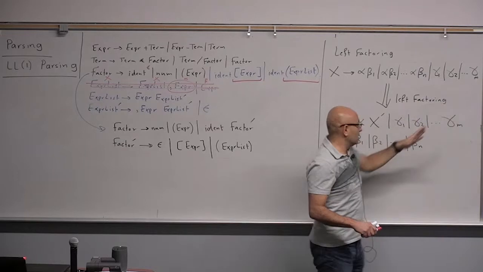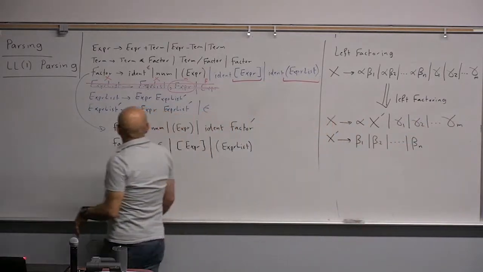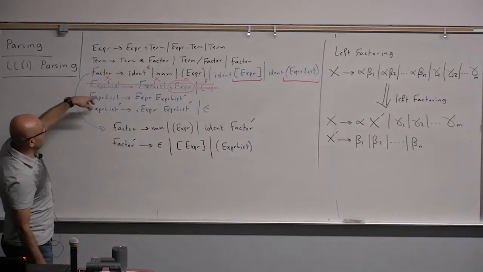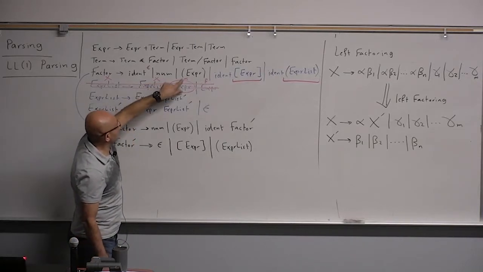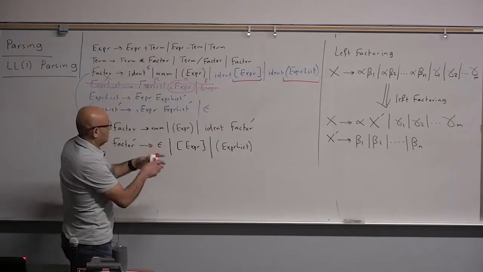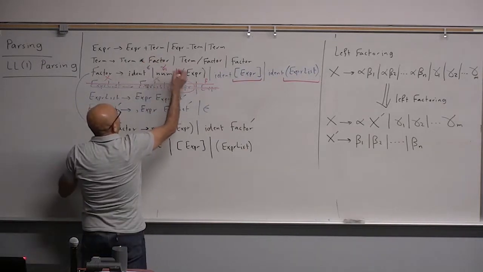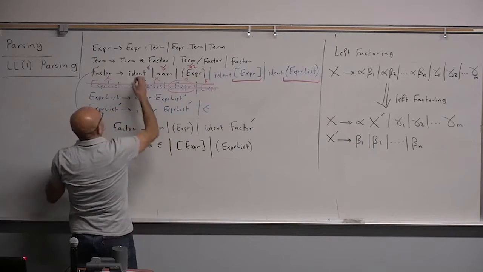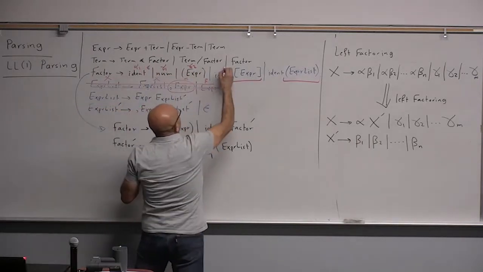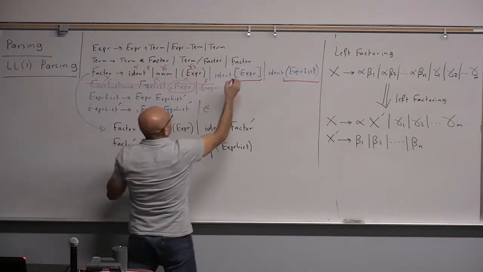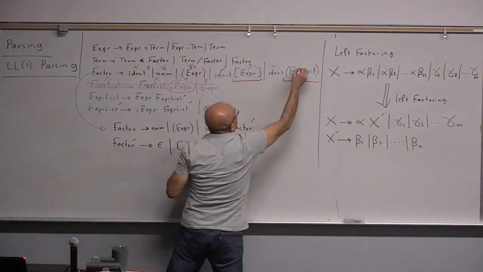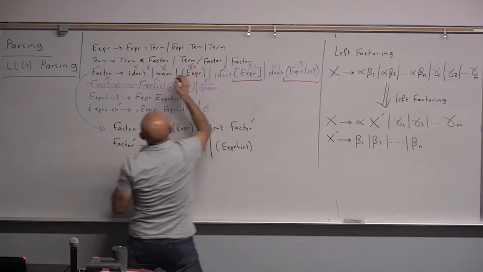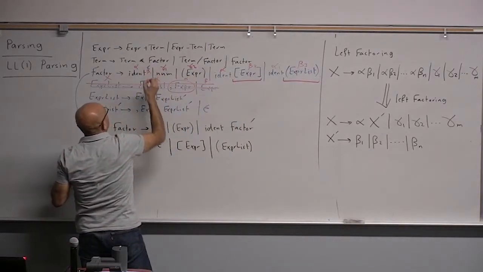So the gammas remain the same. So in this example, where are the gammas here? Number, expression, and parentheses expression. So this is gamma 1, and this is gamma 2. And this is alpha, and this is beta 2, beta 3, and epsilon is beta 1.